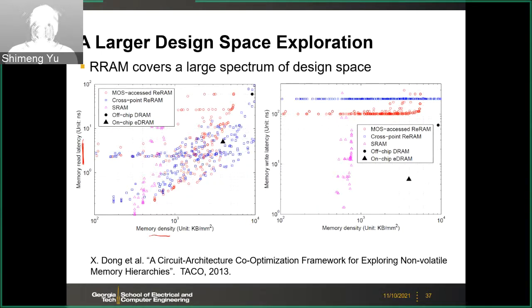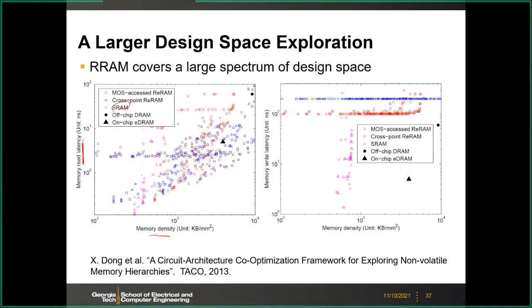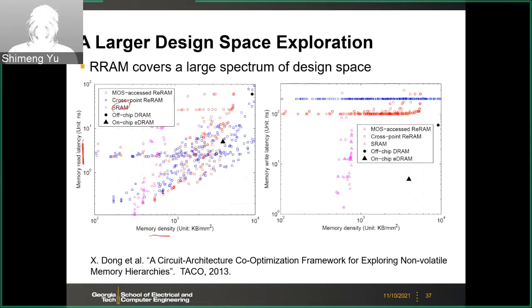And here you can see that from the read latency wise, SRAM, this pink triangle, typically has lower latency. This is like 1 nanosecond, this is 10 nanosecond, this is 100. So SRAM is around 1 nanosecond.